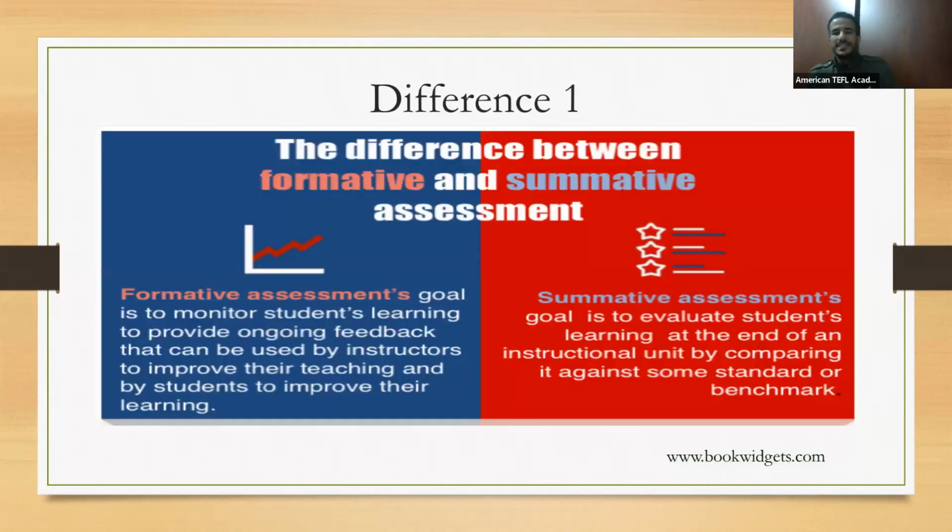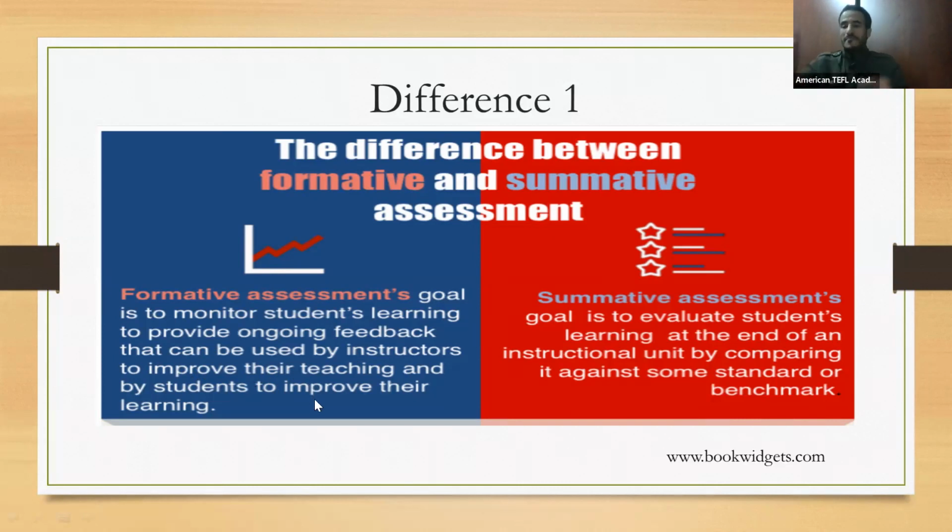Now, the difference between formative and summative assessment. Look here, look at this line. Formative, it's ongoing during the course. So formative assessment's goal is to monitor students' learning, to provide ongoing feedback that can be used by instructors to improve their teaching and by students to improve their learning.